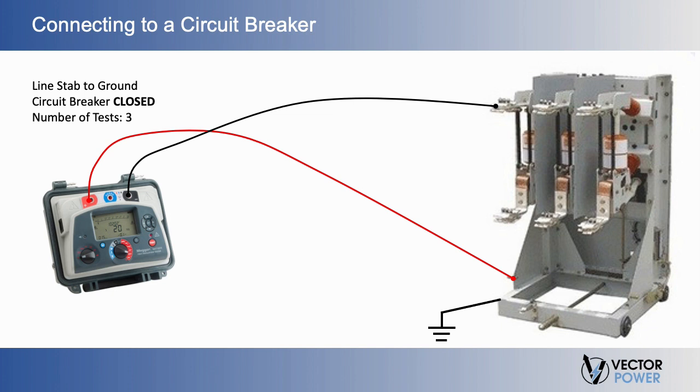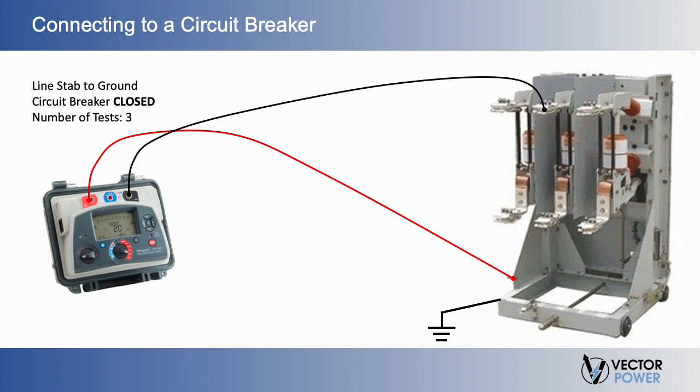First, we connect the negative or line terminal to the line side of the breaker, and the positive or ground lead to the ground or frame of the breaker. Moving on to the next phase, we simply repeat the process as seen here. And finally, we move on to the last phase, once again repeating the process as seen here.